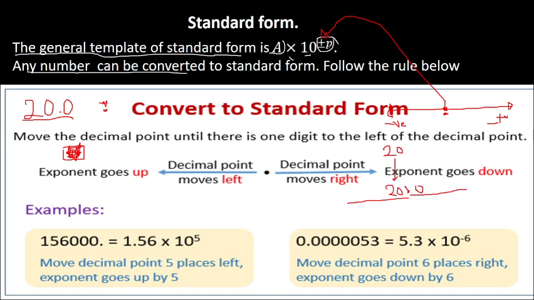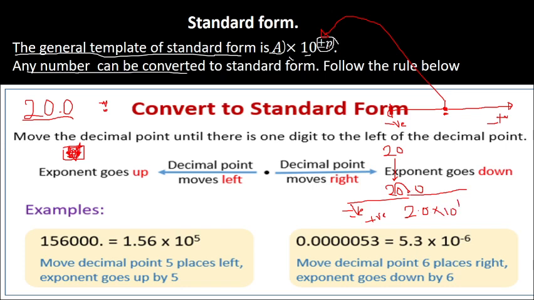If I cross the first number to the left, the number of times I have moved is 1. And I have negative multiplied by negative: negative of the decimal point multiplied by negative of the direction. That's positive. That is to say, I will have 2.0 times 10 raised to power 1.